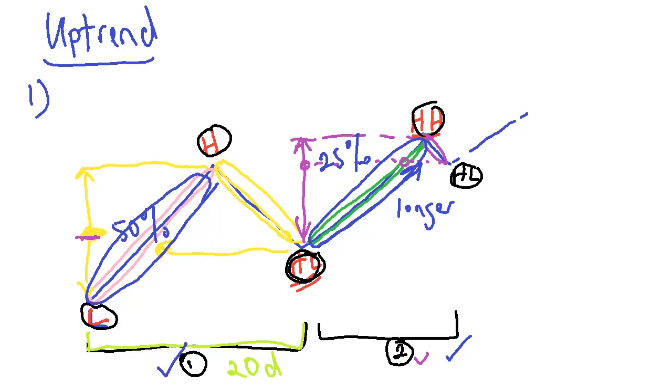Therefore, there is still more demand and only less supply. Therefore, the price, very high chance, is going to go beyond the high that we have up to now. Okay, so this is the first scenario. I'm going to talk about the second scenario now. Let's look at the second scenario.